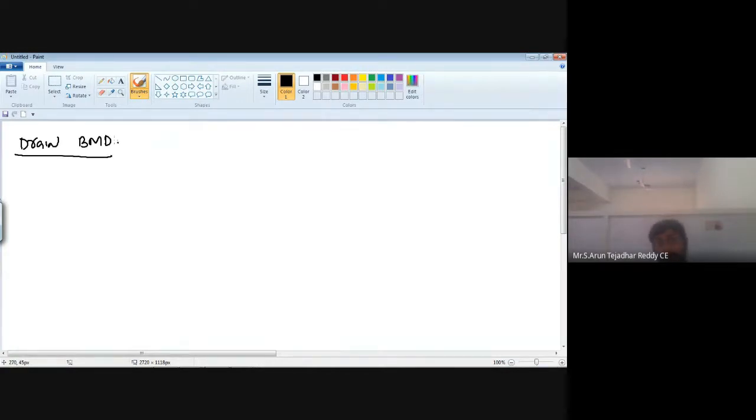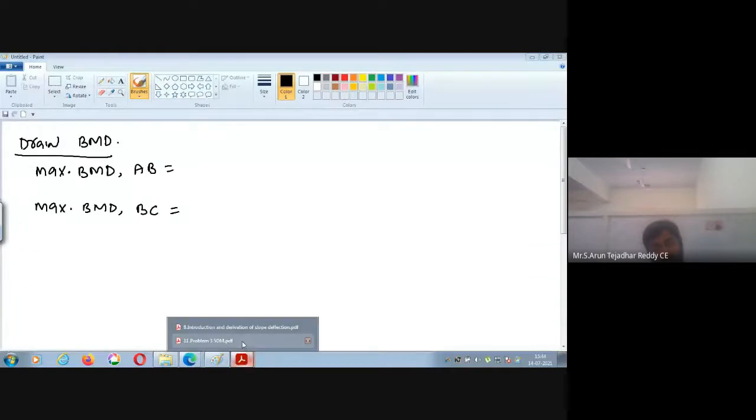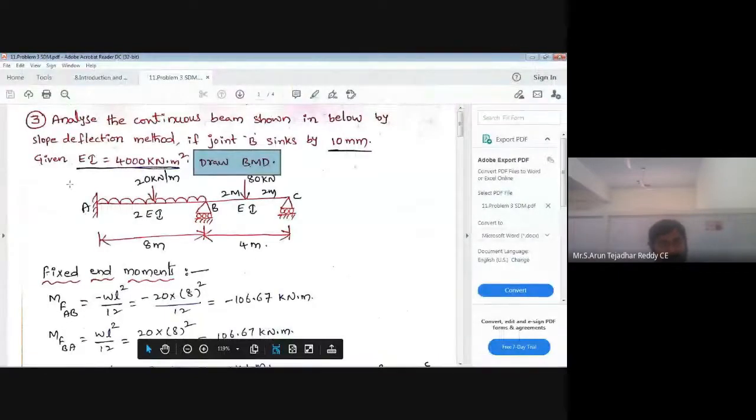Here we have two types of bending moment diagram. One is the maximum bending moment diagram for the AB span. Next, the maximum bending moment diagram for the BC span. Check the problem here.